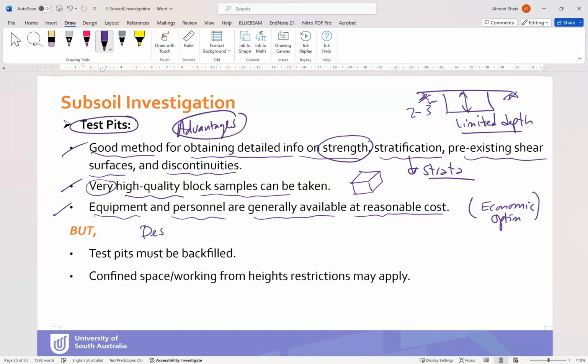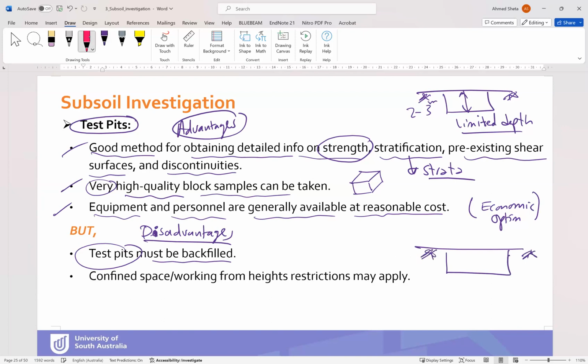The disadvantages of this method are that test pits must be backfilled. So if you have dug a pit here, you need to fill it again with the soil, and you need to compact the soil again, otherwise it will affect the properties of the soil.